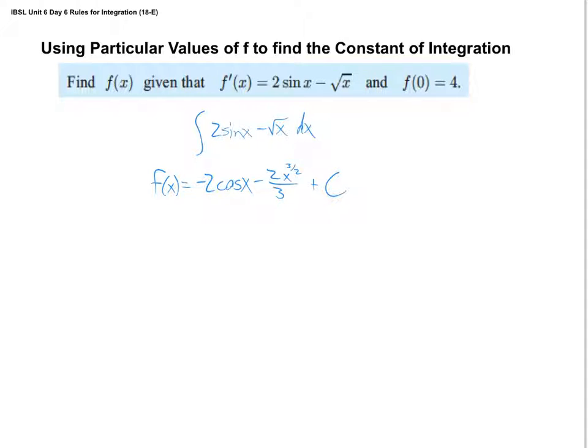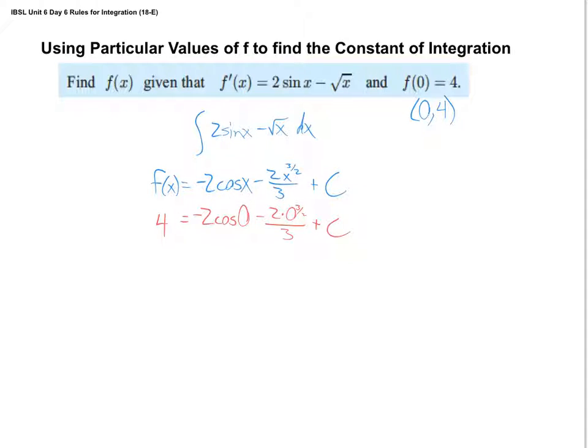Now, when we plug in the point, we know this point right here is (0, 4). When we plug in 0, we need to make this thing equal 4. So, as we plug in 0, we get negative 2 times the cosine of 0 minus 2 times 0 to the 3/2 over 3 plus c, and this will all equal 4.